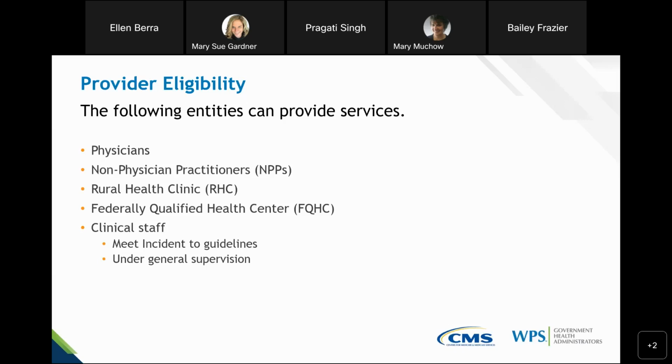It can also be some type of contractual relationship, such as contracting with a care management organization, but you would need to have those contracts and things in place. You could also be contracting with clinical staff from your local hospital to provide after-hour care. That would need to be identified within that contract. And then it is under general supervision as opposed to direct supervision.